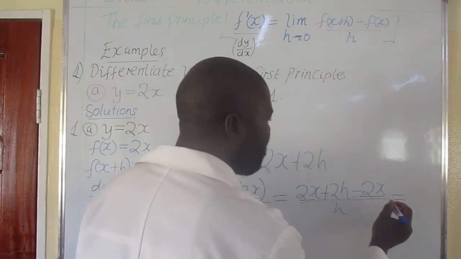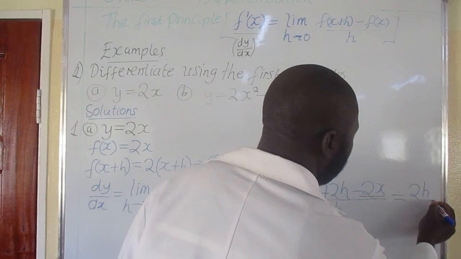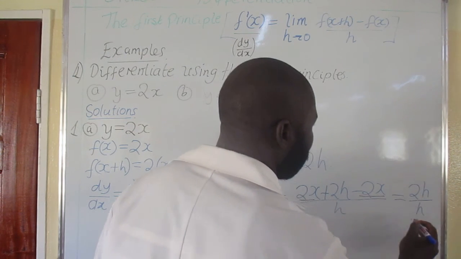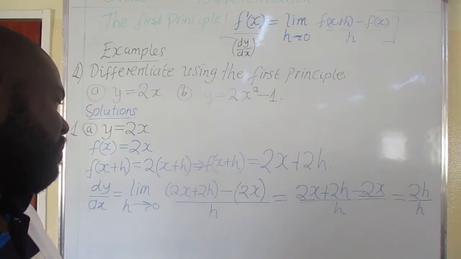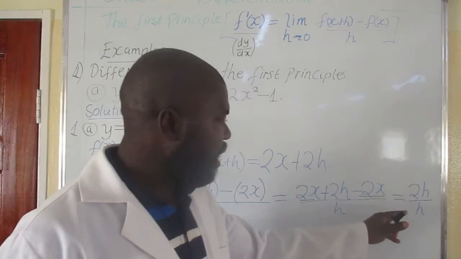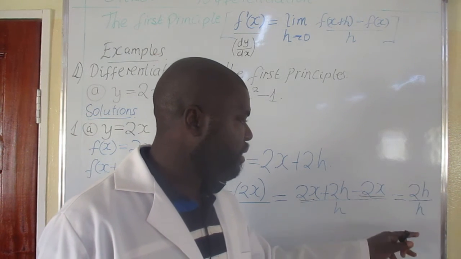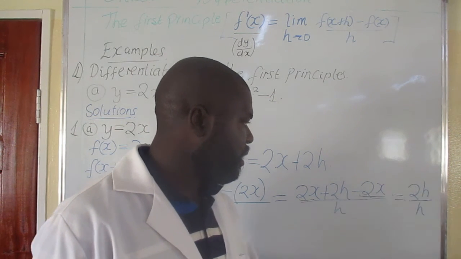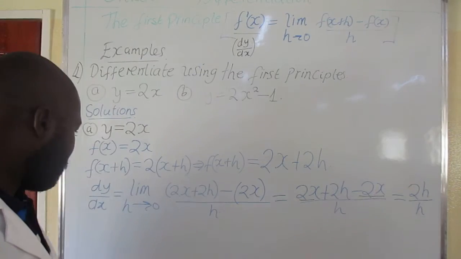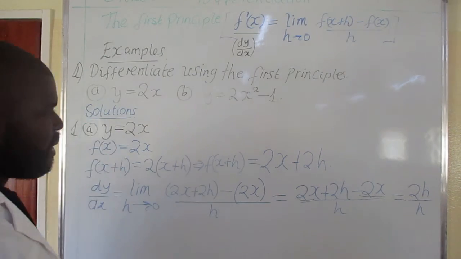So on the numerator, we are just going to have 2h. On the denominator, we shall have the h. You can see the h is available on the numerator and the denominator. So we can easily cancel it out between the numerator and the denominator.